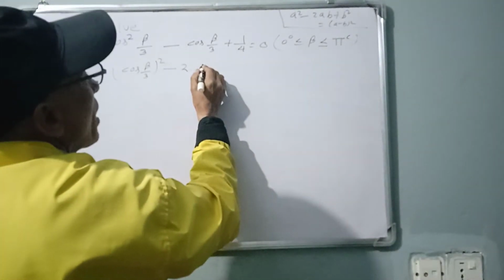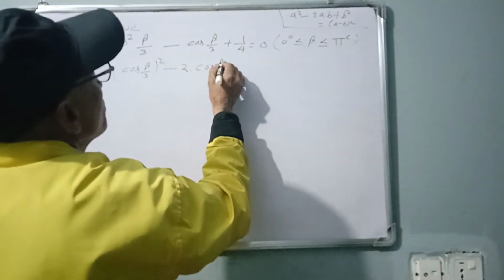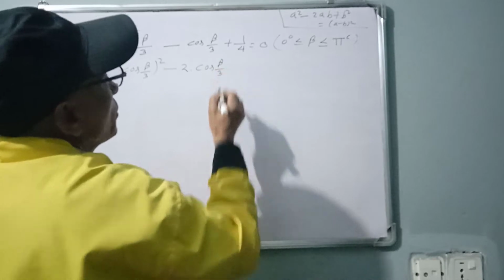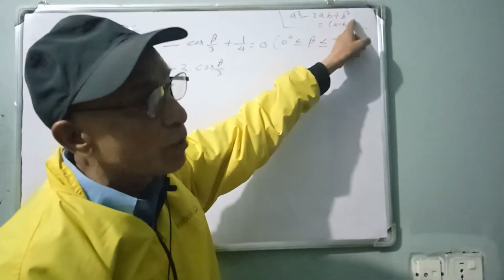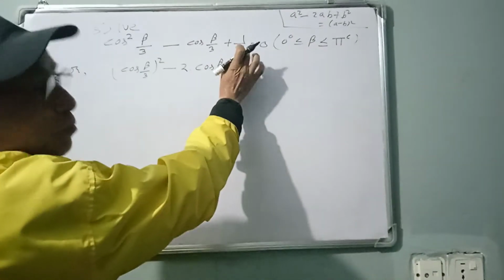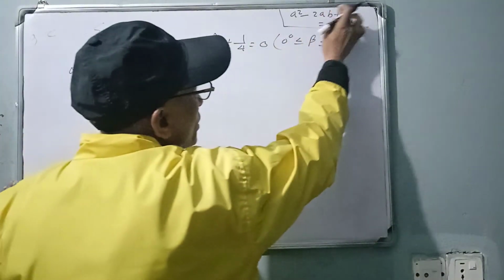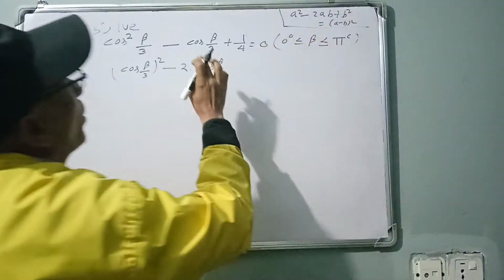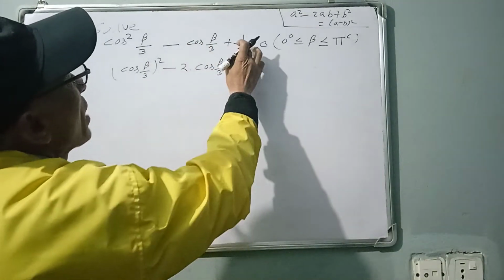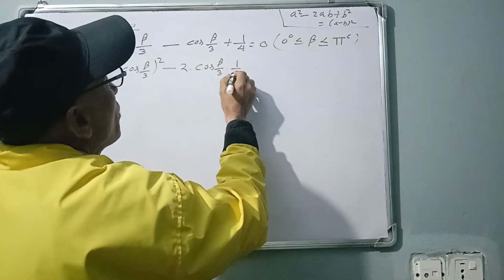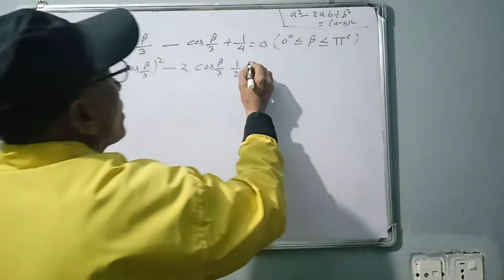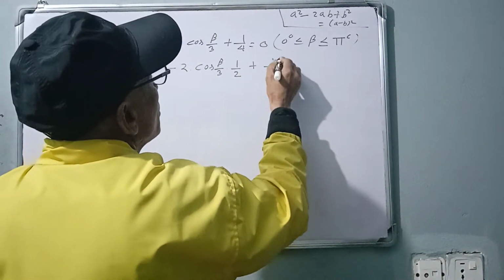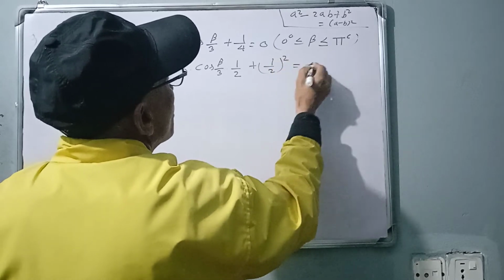Twice cos beta by 3 into what is b? b square is 1 by 4. What is the square root of 1 by 4? That is 1 by 2. 2 cancels, and again plus 1 by 2 whole square equals 0.